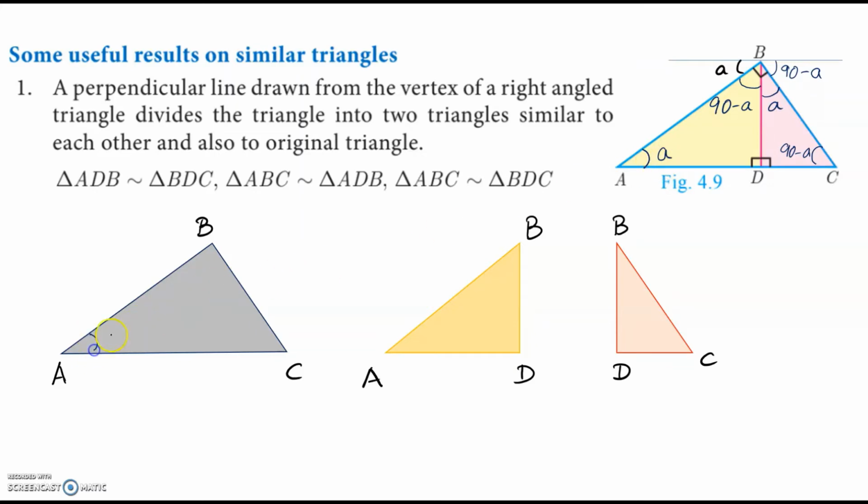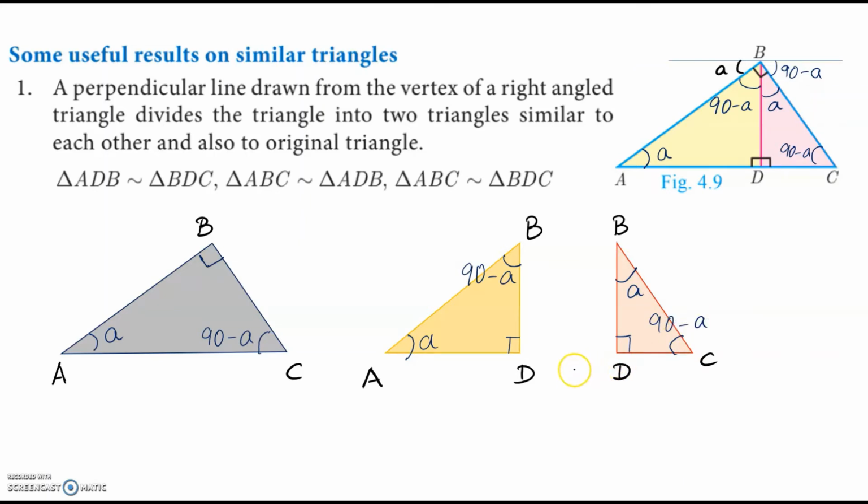So this is our A, and this is 90 degrees, and this is 90 minus A. This is 90 minus A. This is A. This is right angled. Right angled. This is A. And this angle is 90 minus A.